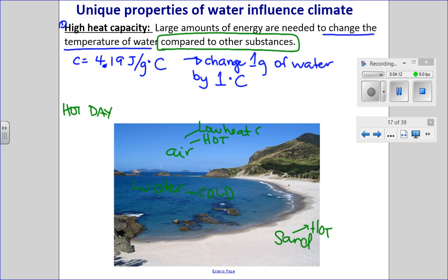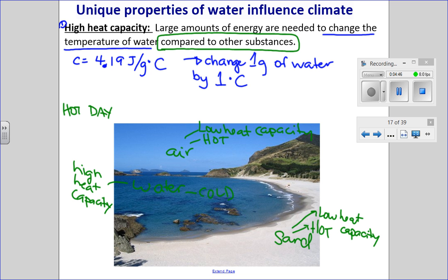is that the air and the sand both have relatively low heat capacities. That means it does not take a lot of energy to warm 1 gram by 1 degree Celsius. But because water has that high heat capacity, it takes a ton of energy for water to change temperature.